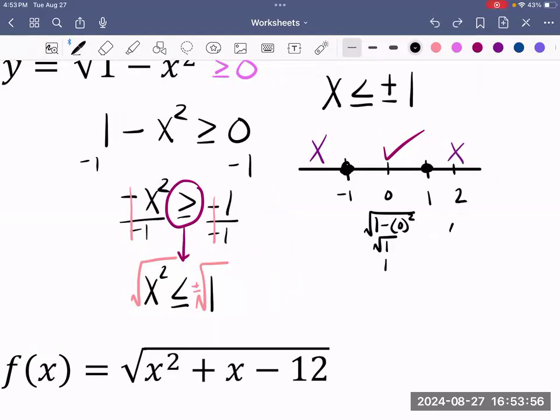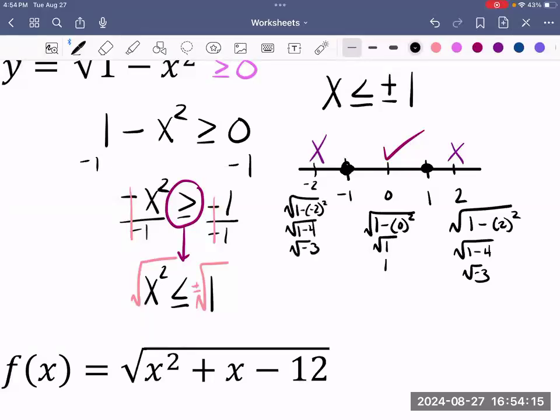So the square root of 1 minus 2 squared is 1 minus 4, which will produce a -3. Same thing if you choose a -2, that'll still come out with a -3, which is not okay. So when we go to shade, we're just shading between these two values. So your domain, -1 to 1.